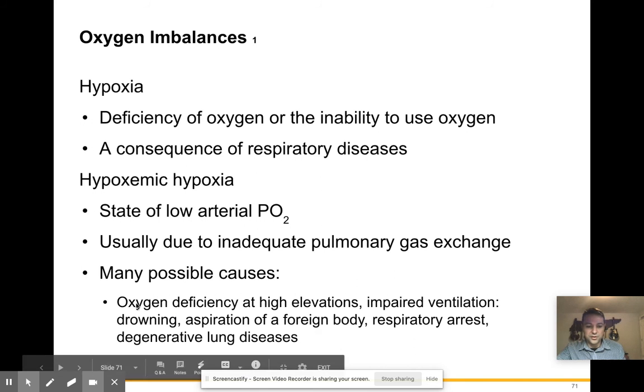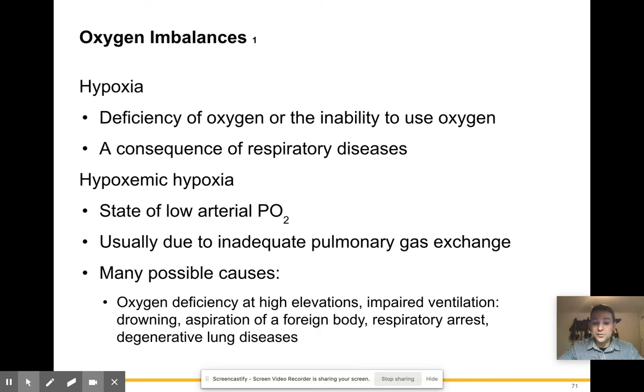Those reasons could be oxygen deficiency. Maybe you're in an environment that doesn't have a lot of oxygen. It's not necessarily your fault, and not necessarily that you have a disease, but the environment you're in is low in oxygen. And if you're in an area that's low in oxygen, eventually you will become low in oxygen because you're using the environment around you. If it doesn't have enough oxygen, you're not going to get enough oxygen.